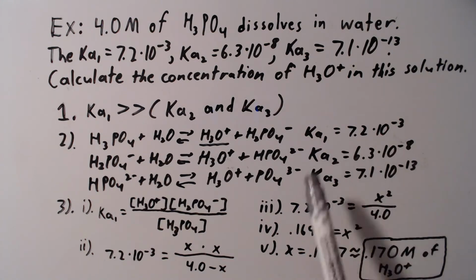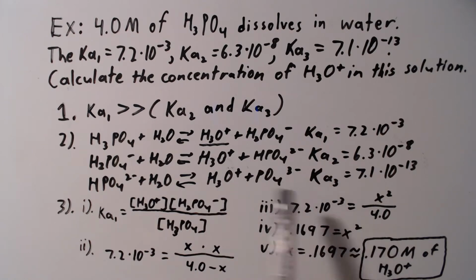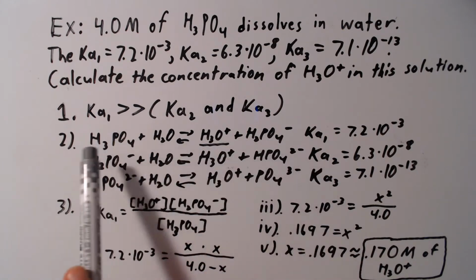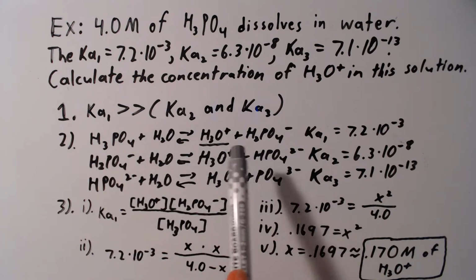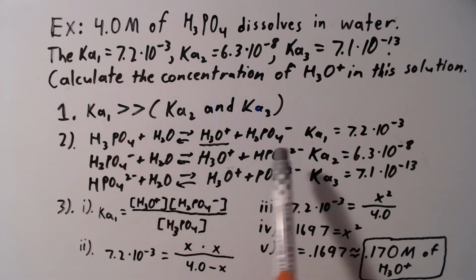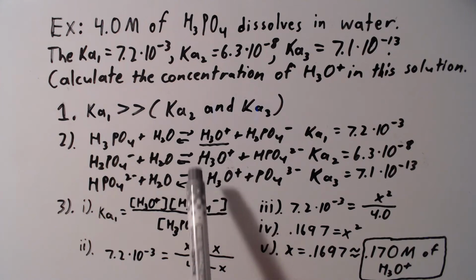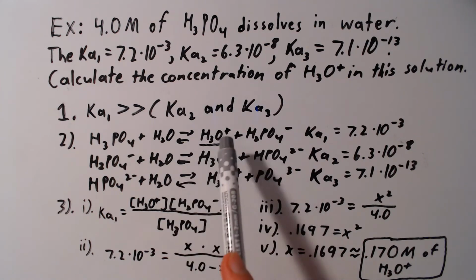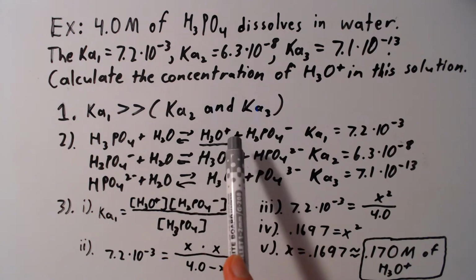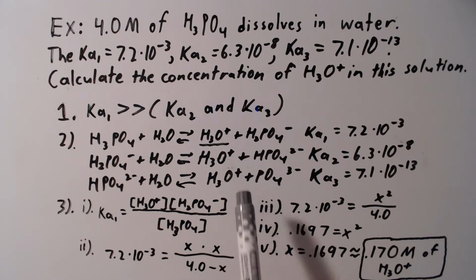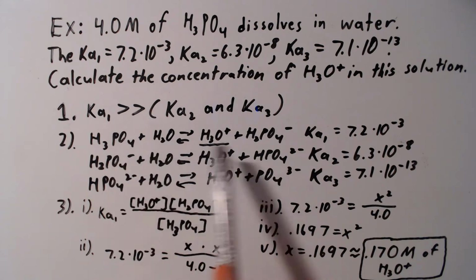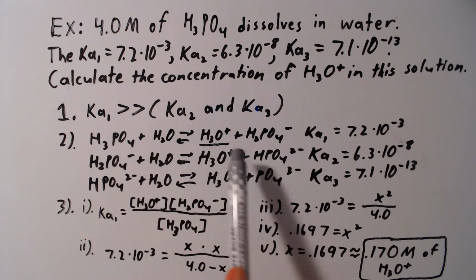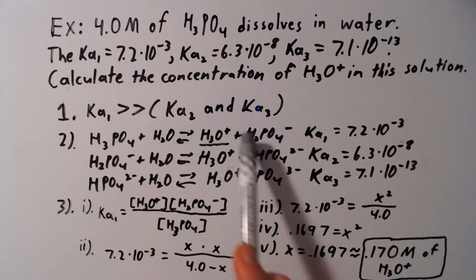It's so much greater. And that basically means that this reaction happens to a much greater extent than these other two lower reactions. So although each of these reactions contribute H3O+ to the solution, we should probably only care about this first reaction, because it produces the most H3O+.